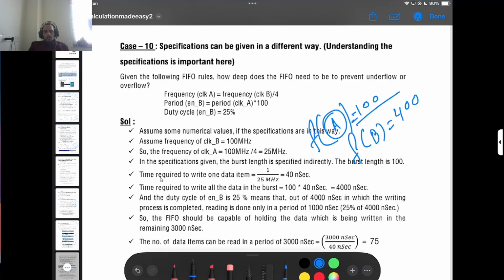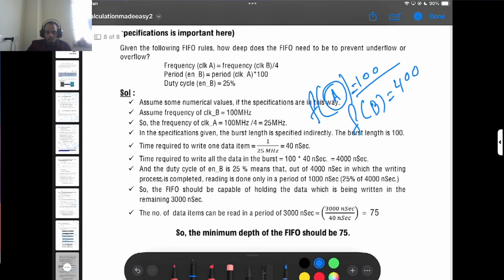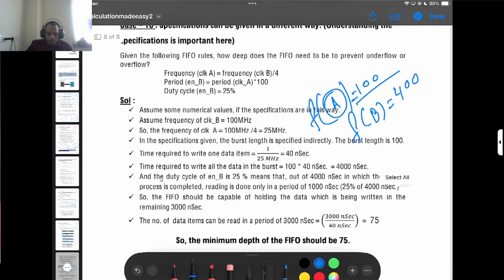Period of enable B, and the duty cycle of enable B equal to 25%. Okay, I understood what the problem is here.